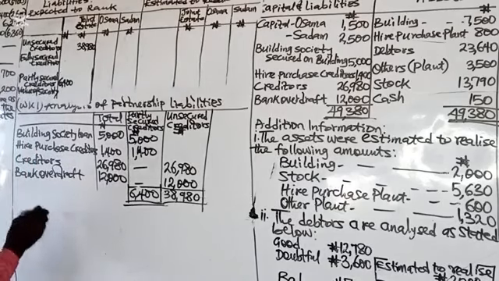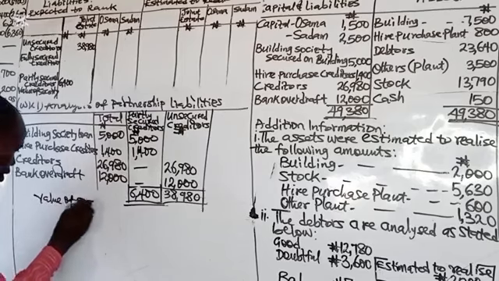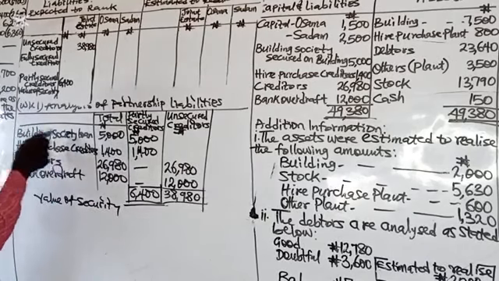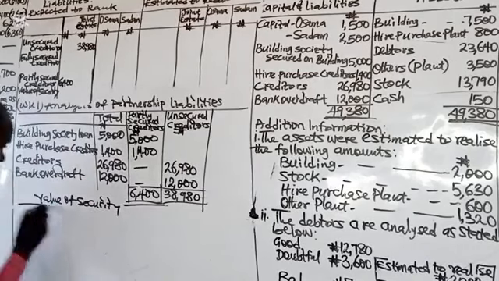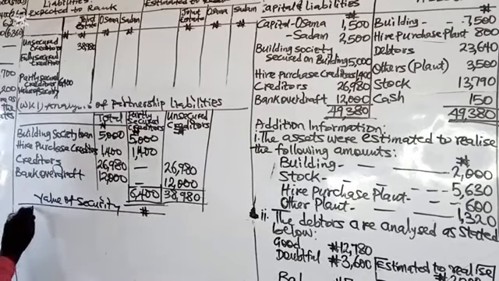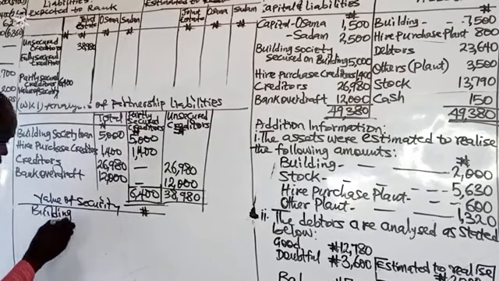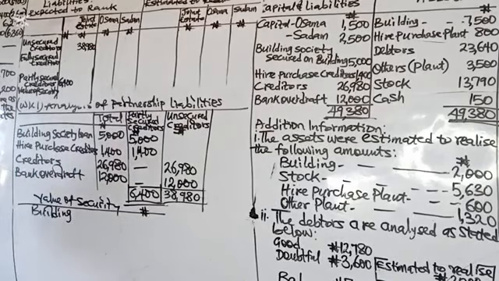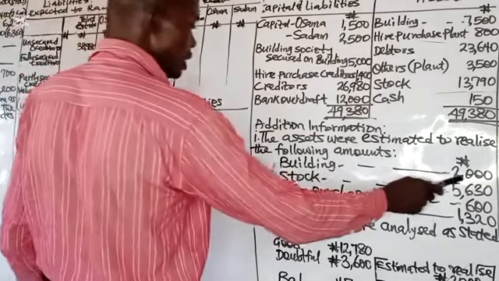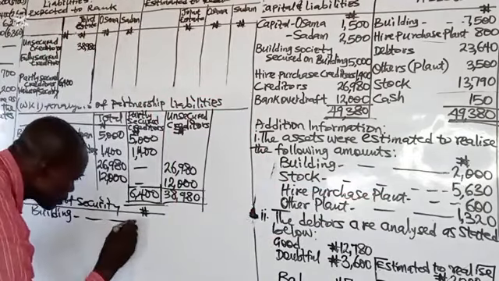Remember, for the building society loan, the building was used as security for that. I've told you the value you need is not the book value, but the realizable value. The realizable value of the building is 2,000. So we write that 2,000.